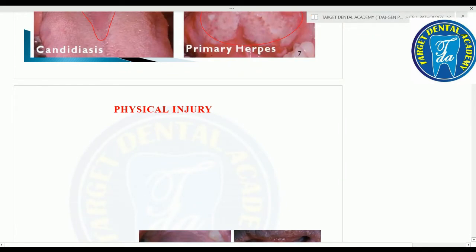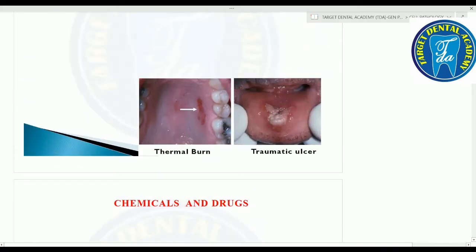Now, the physical agents or physical injuries are: number one, mechanical trauma, for example road accidents. Second, thermal trauma, for example heat and cold. See, this is thermal trauma or a thermal burn.